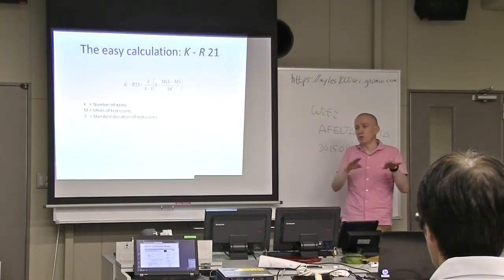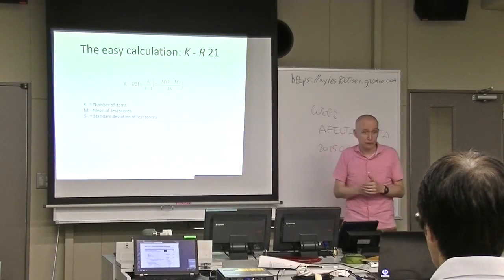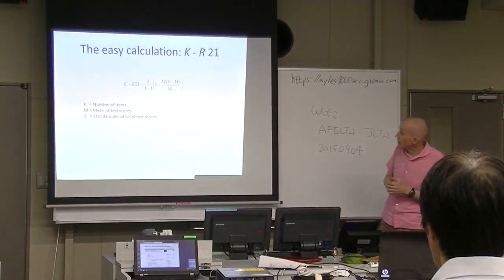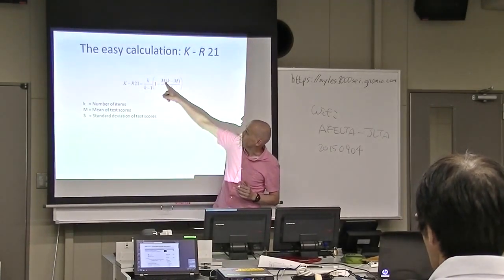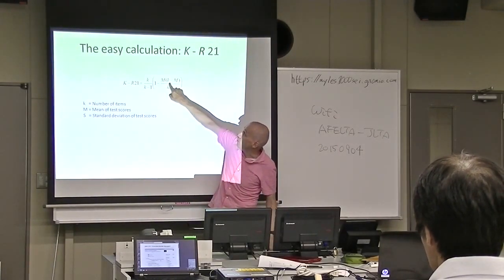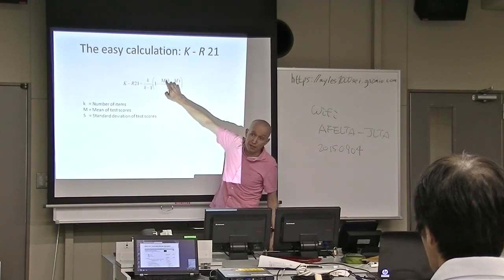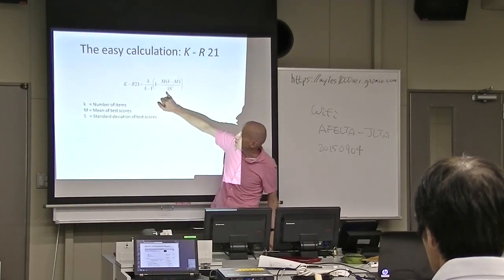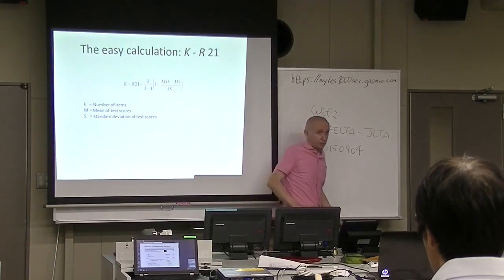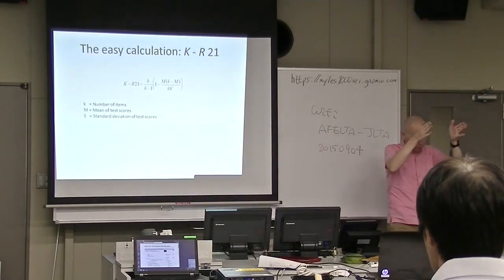Longer tests usually provide more stable performance. Then we've got the mean of the test scores. Again, we're subtracting it from the number of test items, so this is quite important. And over here we have the standard deviation, which we saw on the bell curve.